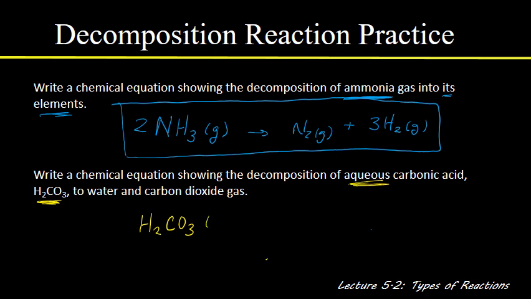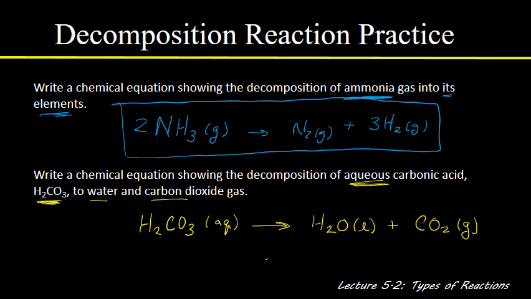That means we've got a solution of carbonic acid, and it's breaking down into water and carbon dioxide gas. Water, of course, is a liquid. If the water was not a liquid, probably would have said producing steam or ice or something instead of saying water. If someone says water, generally I think you can assume they mean liquid water.